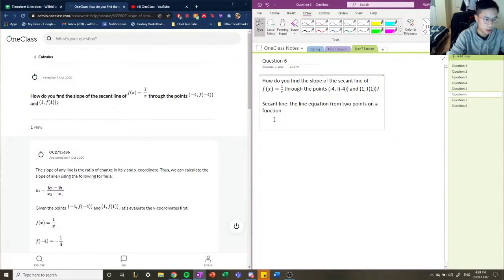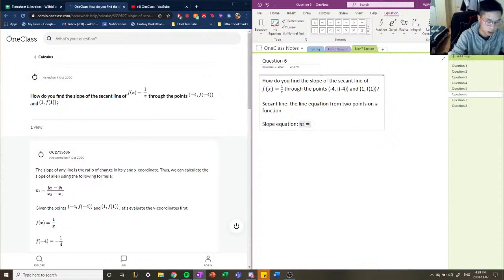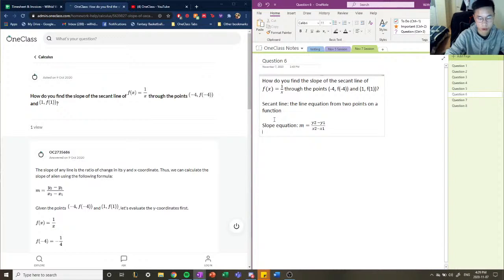So the slope equation is m equals y2 minus y1 over x2 minus x1. Okay, so we're going to need to calculate what y1 and y2 are going to be because they didn't give it to us.